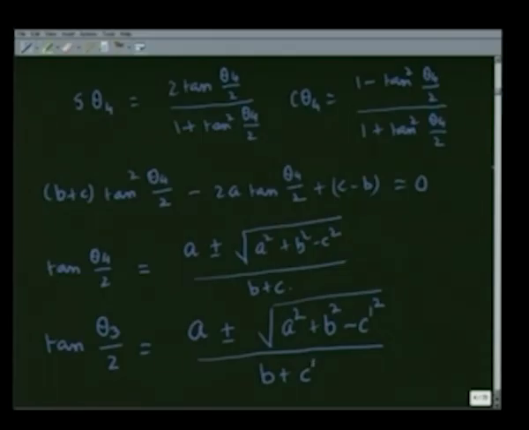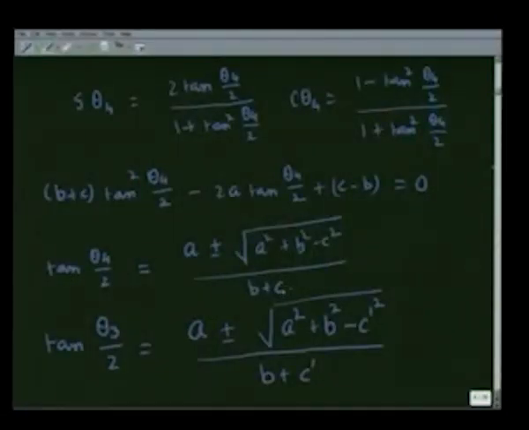As we might have remembered, the quantities A and B did not involve L4 or L3. A was sin theta 2 and B was cosine theta 2 plus L1 by L2. However, the quantity C involved L3 and L4. That is why we have to replace C by C prime, and the expression of C prime also will be very similar to C, and we have to interchange L4 by minus L3 and vice versa.